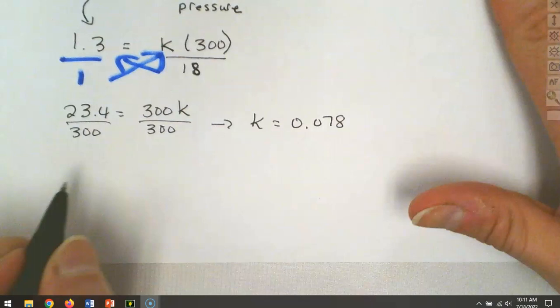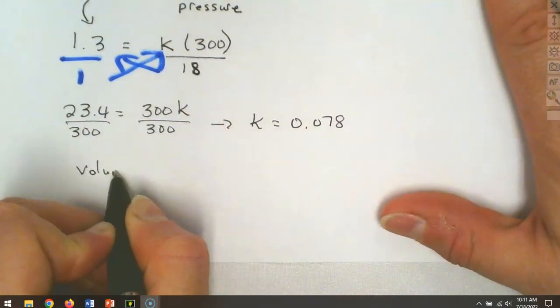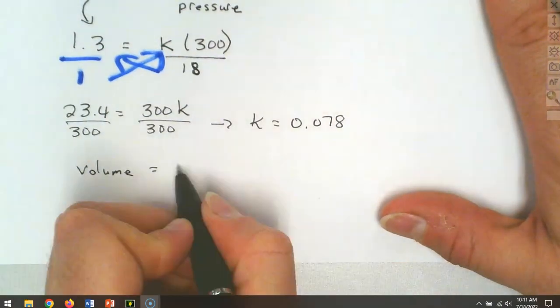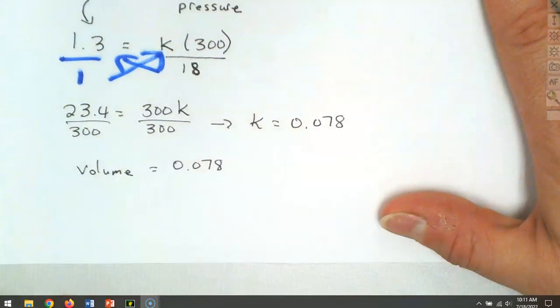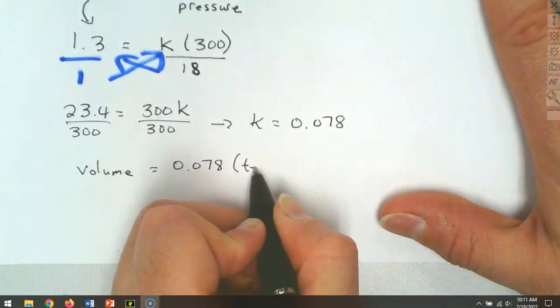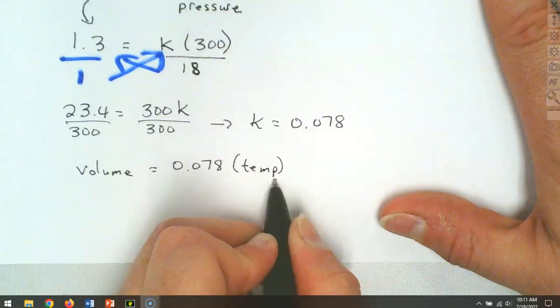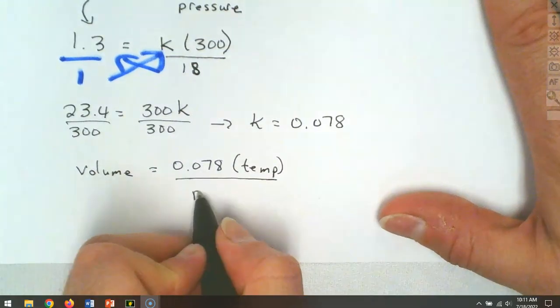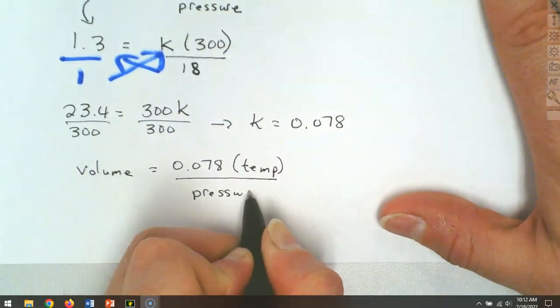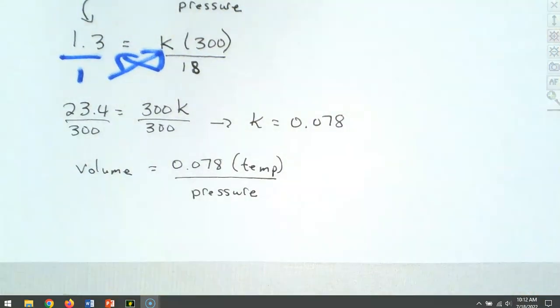What's our formula now look like? Volume equals 0.078 times the temperature divided by the pressure. Now we need to find our new volume. So it says find the new volume. Temperature is 340 degrees Kelvin. Pressure is 24 newtons.